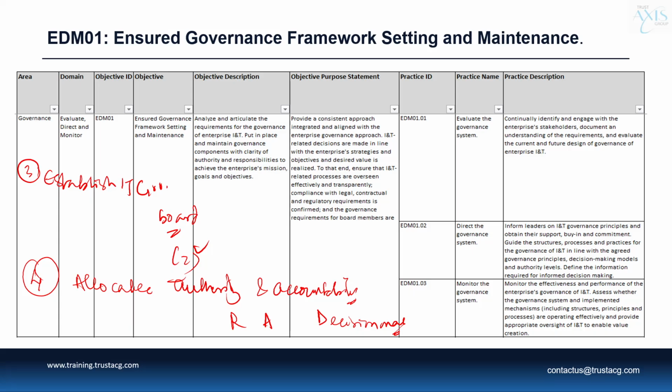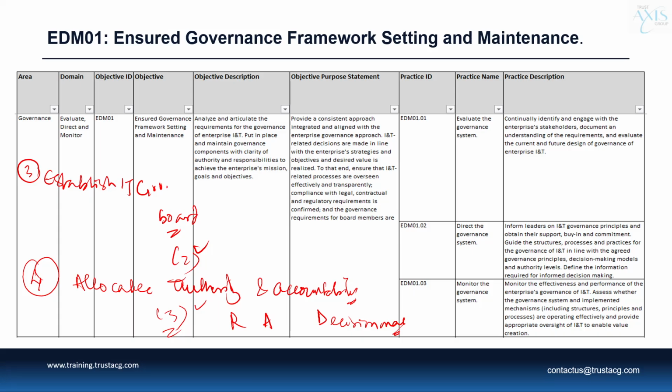So define who will be responsible and who will be accountable for your decision making. This will ensure clear ownership and eliminate confusion around decision making. Now, if you are able to implement this, you will be able to achieve a maturity level of 3 on a scale of 1 to 5 from CMMI.